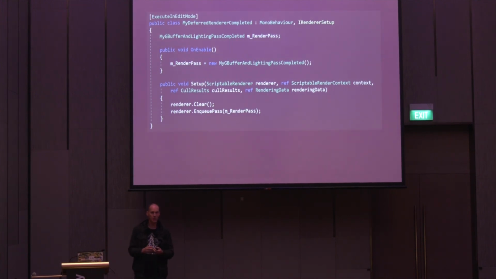So here I could, if I wanted to, queue up the built-in opaque pass. I could queue up the built-in depth pass. I could do whichever I want, and then add my own custom ones in. But this is, you can get your own custom order and your own custom stack of how you're going to do things. There's a little more detail here on this deferred one, but I won't go into that. But this just shows you how you can make your own passes here.